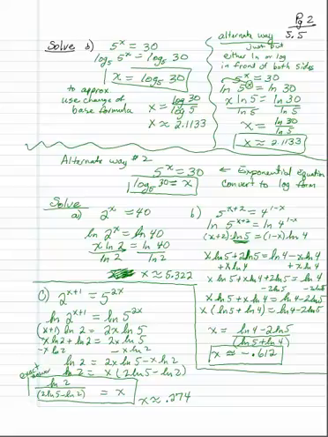Now I can clean it up and make it look a little better, because on the bottom, 2 ln 5 is the same thing as ln of 25, because you bring the 2 inside as a power, and then you're going to divide by the 2. So it'll be ln of 25 halves.